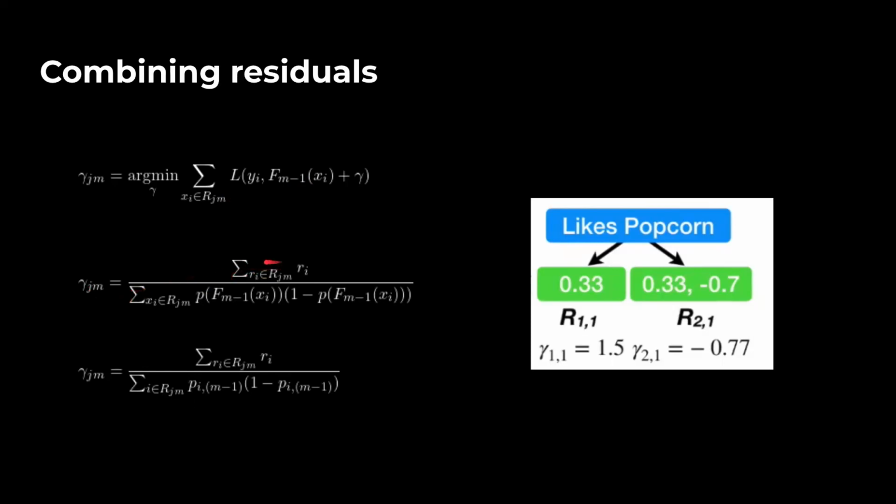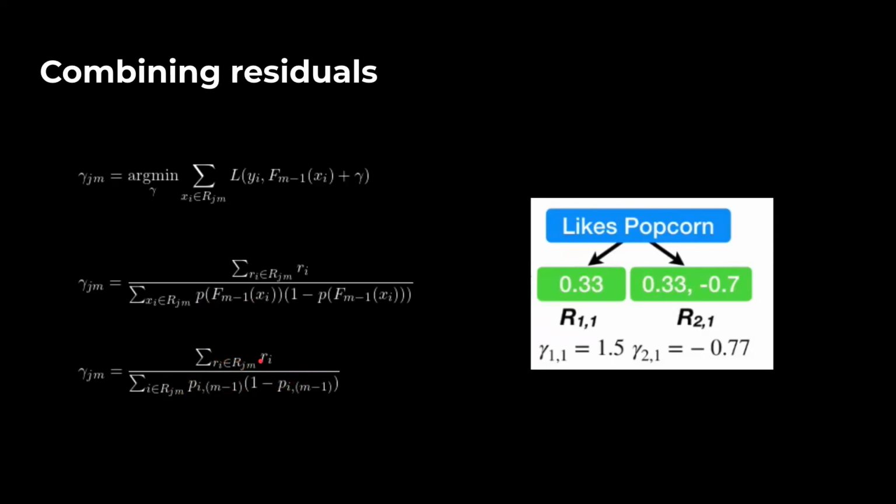to add to our model for this residual group, which is the sum of the residuals divided by this term. Remember, xi is the input, f is the previous prediction, and then p is just the transformation. Because the previous prediction is in log odds, we transform that to a probability. That's simplified in this one here.